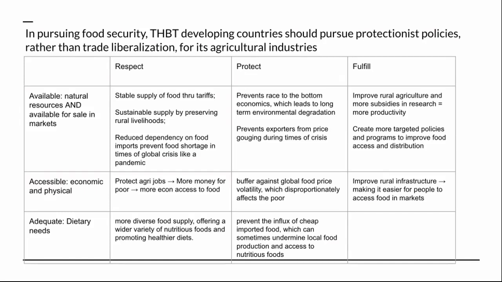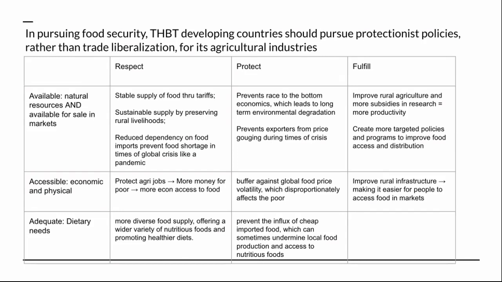And that's the reason why places like Brazil shaved off a huge part of the Amazon forest, right? So in the long term, trade liberalization for agricultural industries might lead to race to the bottom economics, which leads to long term environmental degradation. You can also argue that it prevents exporters from price gouging during times of crisis.